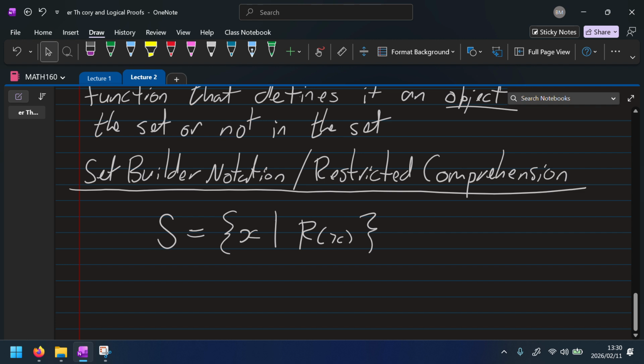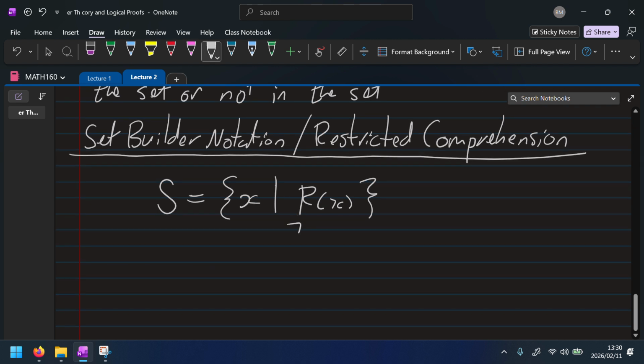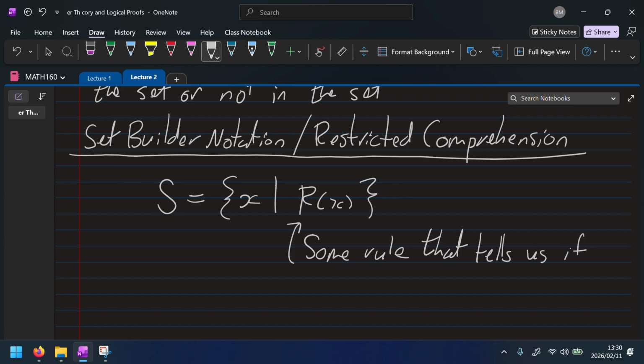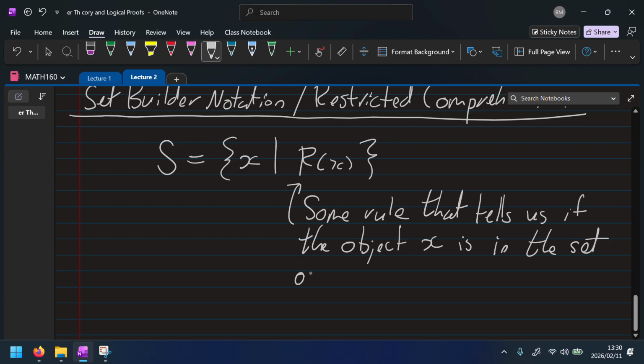Okay. So what is this R of X? This is some rule that tells us if the object X is in the set or not in the set.